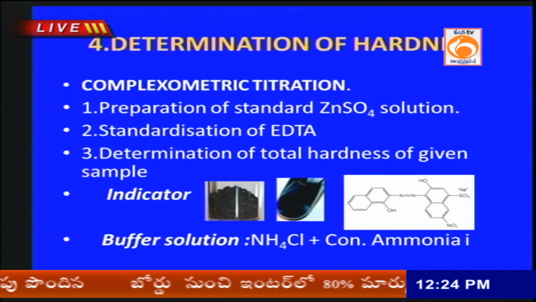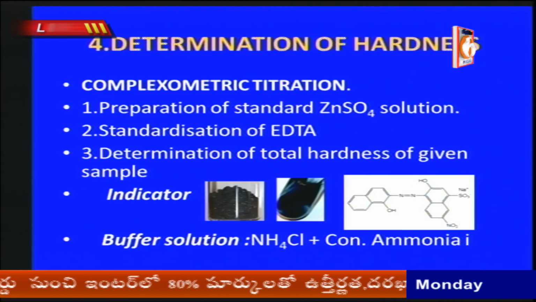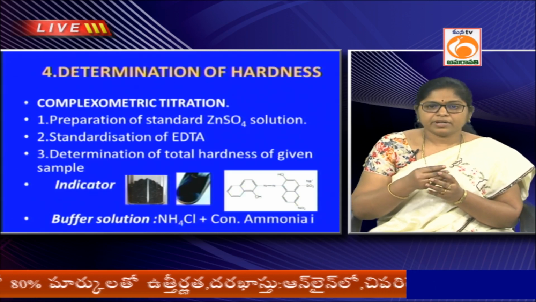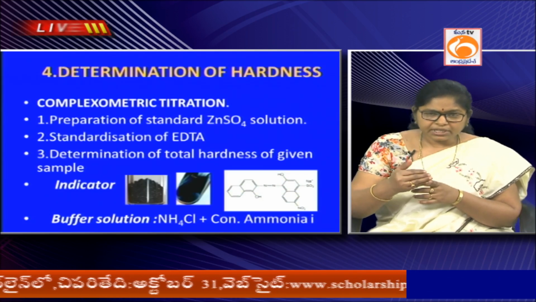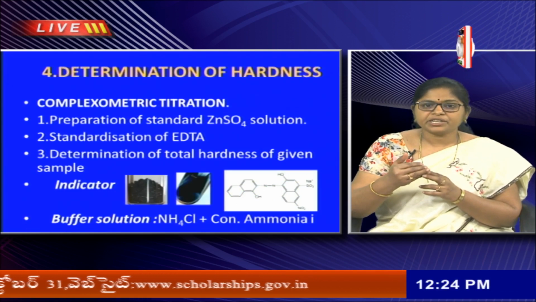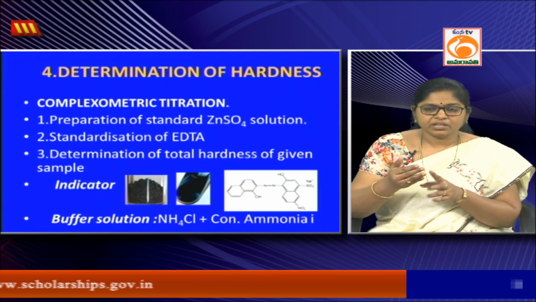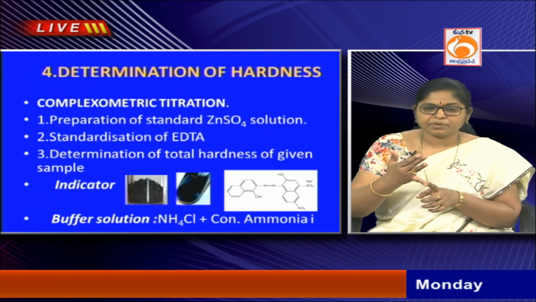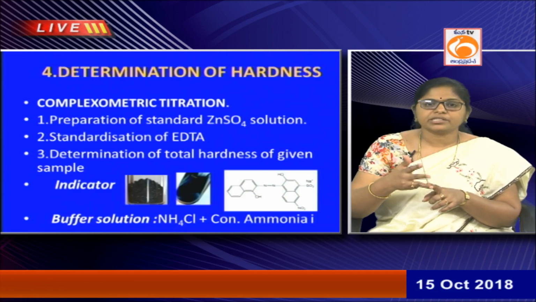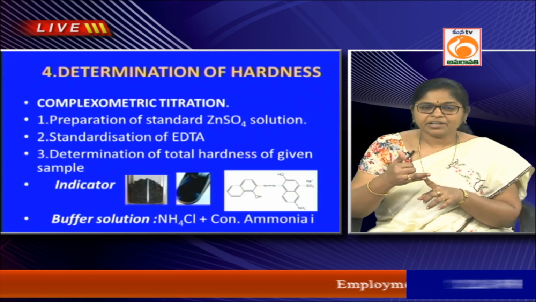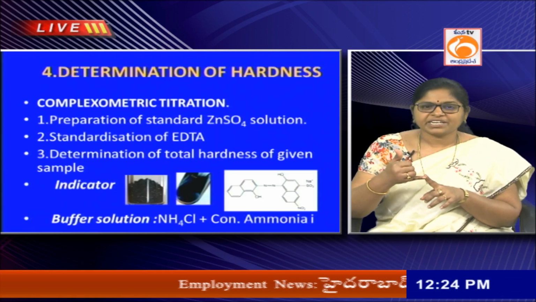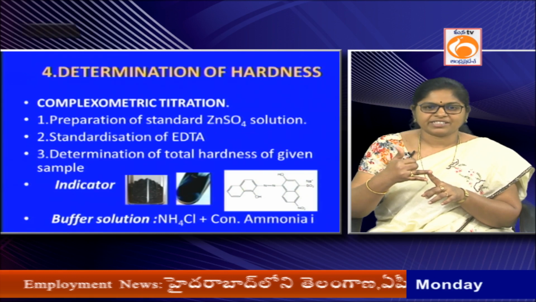In the determination of hardness, we have 3 parts, and this can be determined by using the titration method. We have so many titration methods, like acid base titrations, redox titrations, complexometric titrations, and precipitation titrations. But here we are using complexometric titration for the determination of hardness.